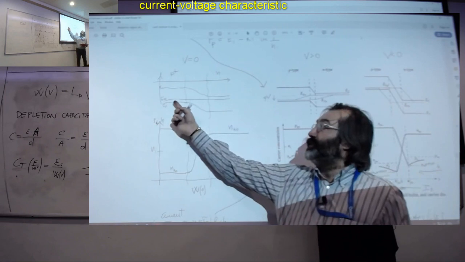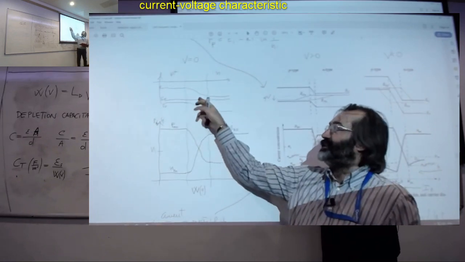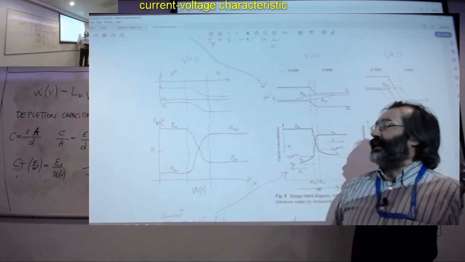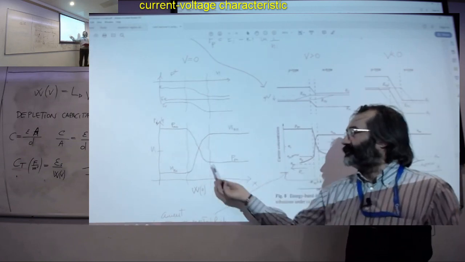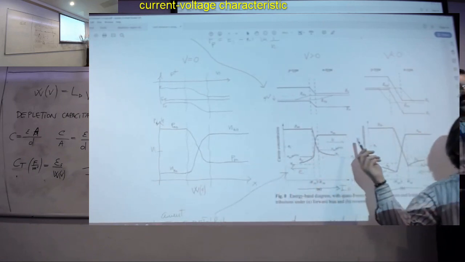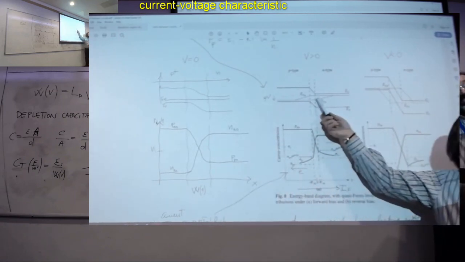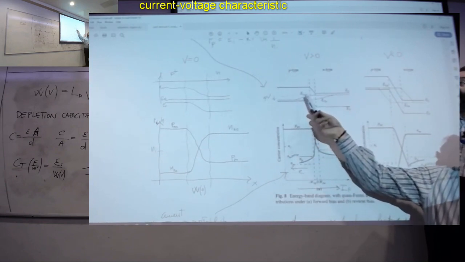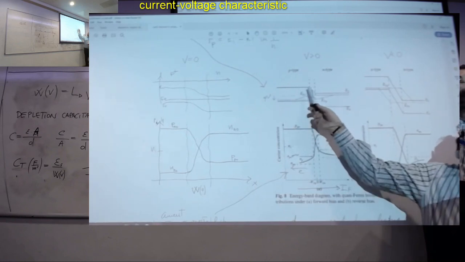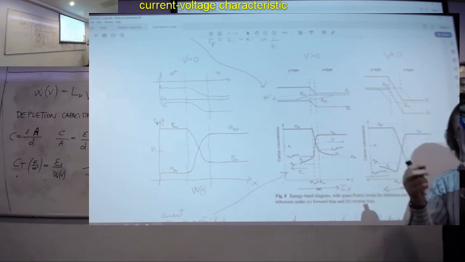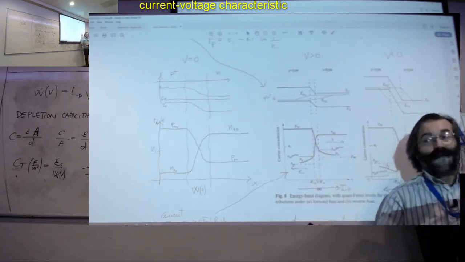Previously we used the relative position of the Fermi level with the other energies to construct this diagram. We do the same here, just using the quasi-Fermi levels. The only difference is that when you use the quasi-Fermi level for electrons, you are only at the conduction band, because the quasi-Fermi level for electrons is only for electrons.